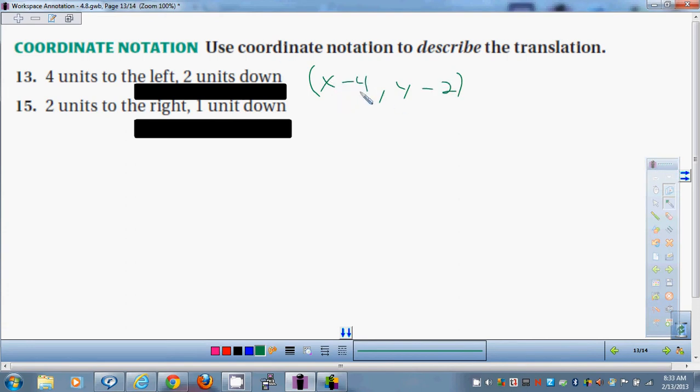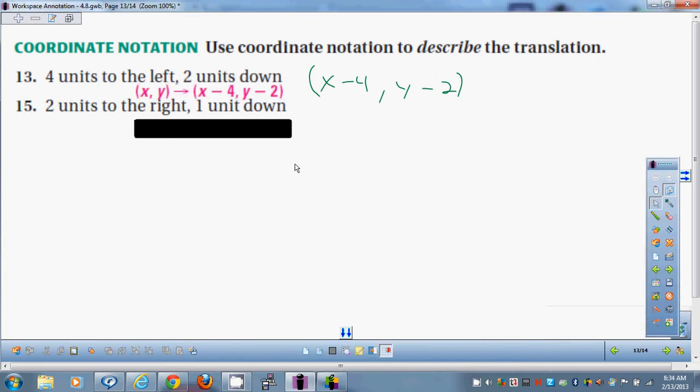Let's see. What would number 15 be? It's not x equals. It's x. X plus 2? Yes. X plus 2 and then what with y?